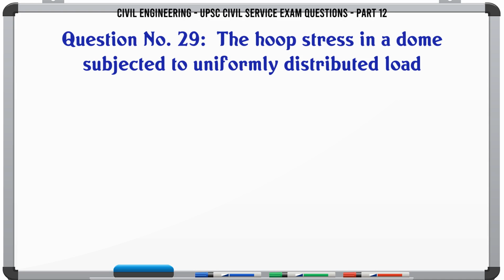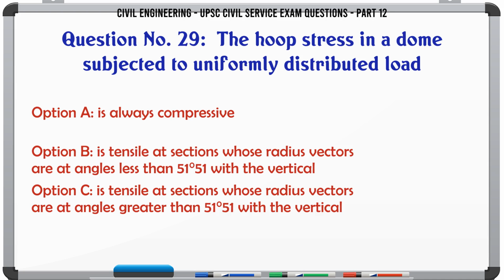The hoop stress in a dome subjected to uniformly distributed load: A. Is always compressive. B. Is tensile at sections whose radius vectors are at angles less than 51° with the vertical. C. Is tensile at sections whose radius vectors are at angles greater than 51° with the vertical. D. Is always tensile.